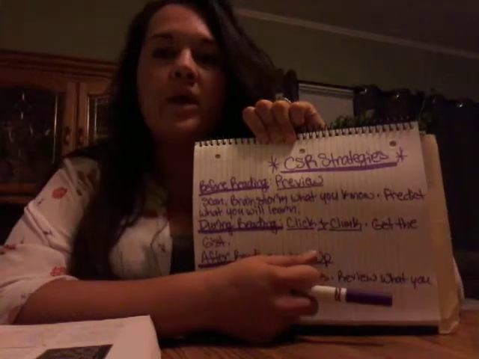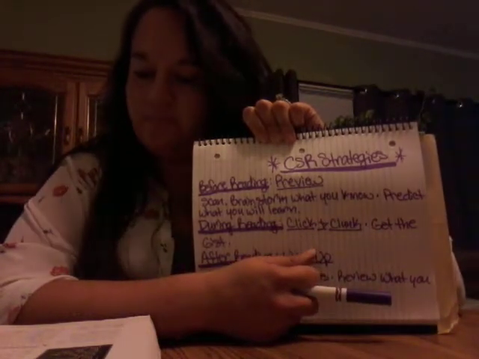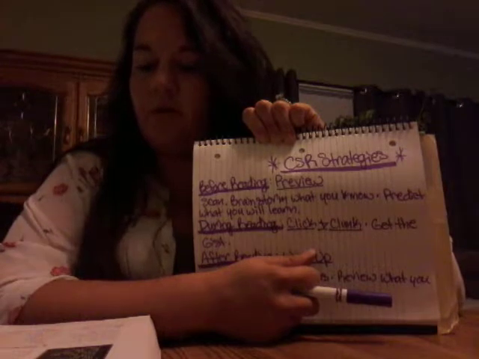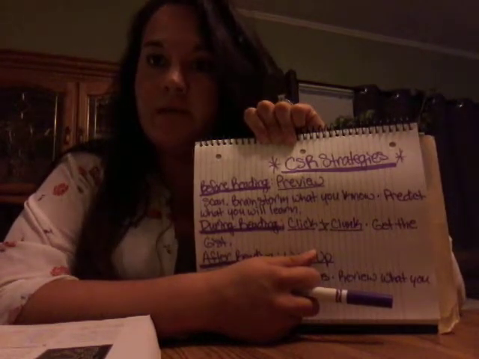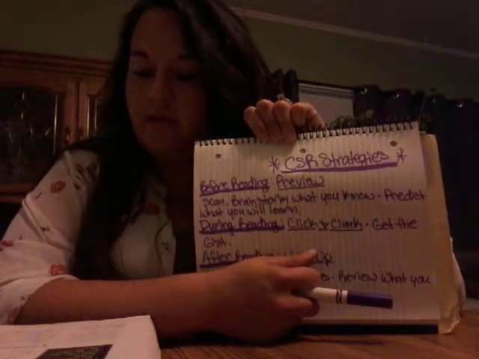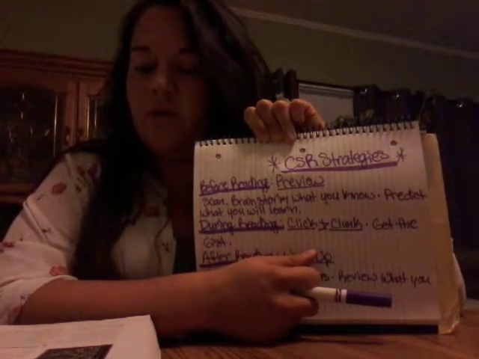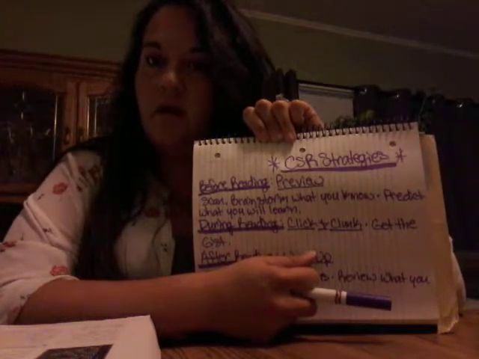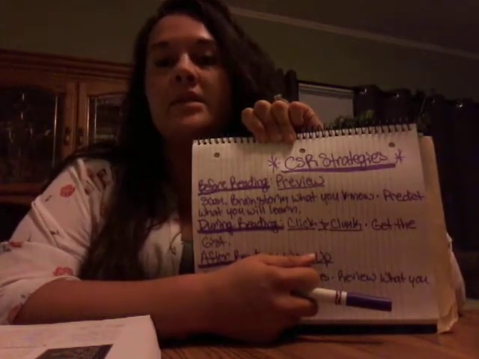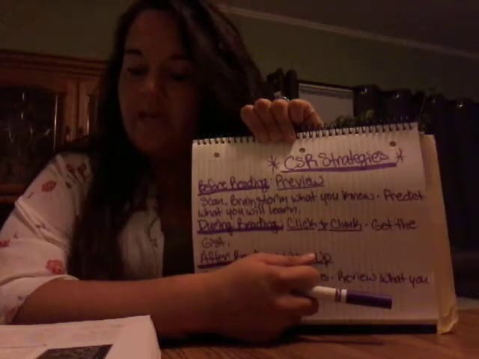So be thinking about what you're reading while you're reading it, so you can make sure what you're understanding and maybe what you're not understanding. And then we're going to use the appropriate strategies to help us understand the things that we don't understand.